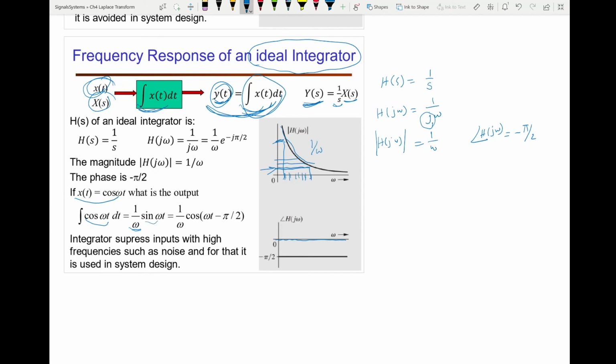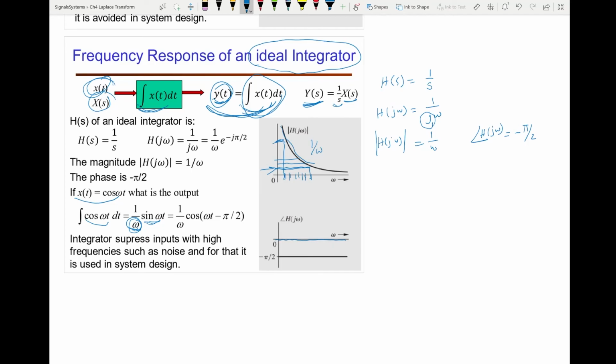So a sinusoidal will be divided by its frequency. So a noise with a high frequency will be divided by its frequency, which is high, so the noise will be attenuated. And that's why in system realization, when we build a system, we will use more of the integrator when it's possible to eliminate the impact of noise.